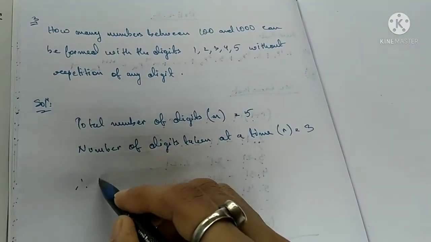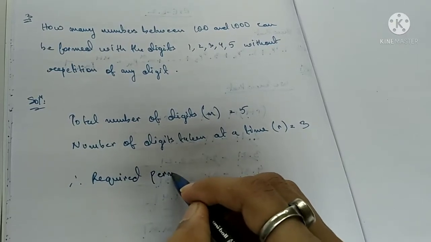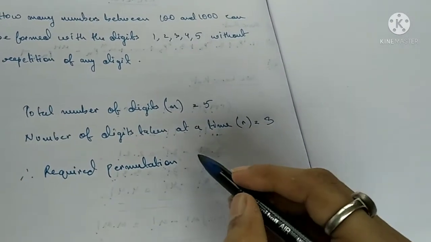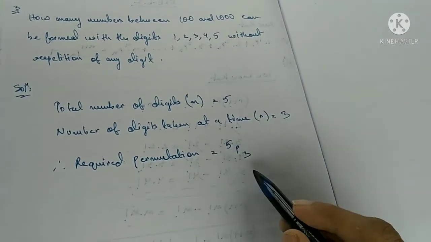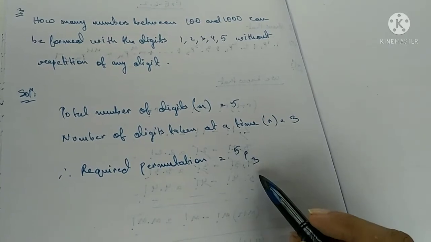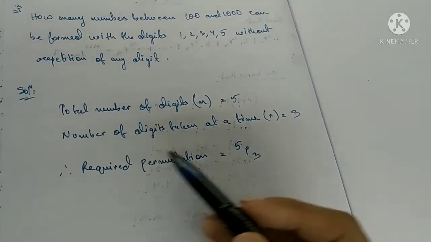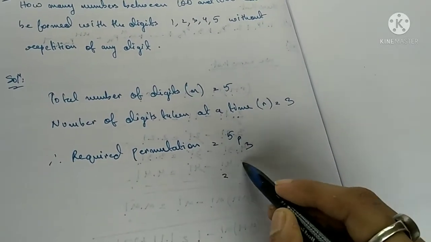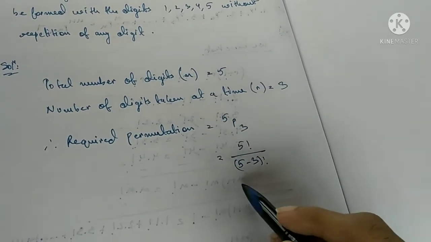So therefore required permutation will be equal to 5P3. Or you can write the number of numbers that can be formed, your choice, is equal to 5 factorial by (5 minus 3) factorial.